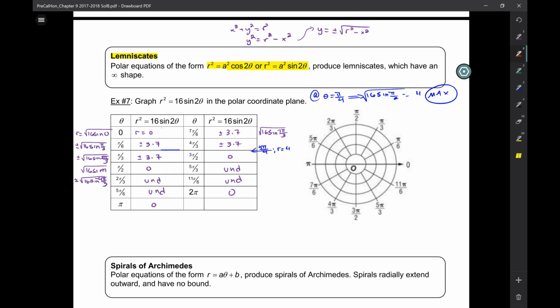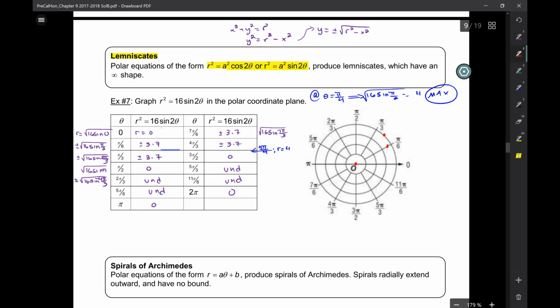Poles, right? Okay, so at 0, we got 0. At pi over 6, we got 3.7. At pi over 4, we got 4. I'm sorry, wait, let's do that again.